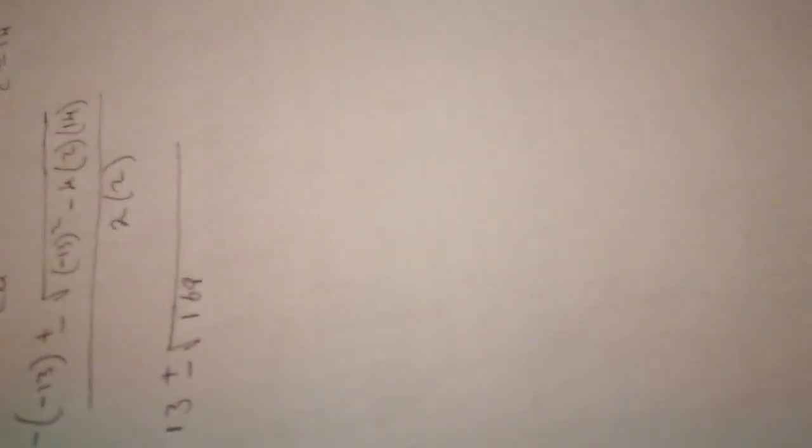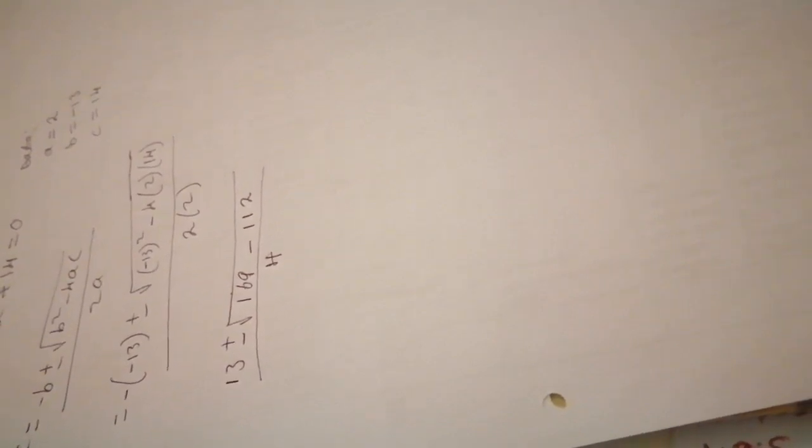Negative 4 times 2 is negative 8. Negative 8 times 14 is 112. So we have minus 112, everything divided by 2 times 2, which is 4.